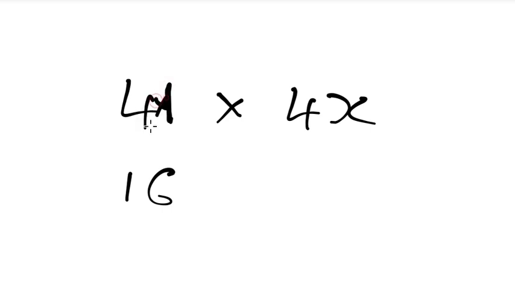But basically, multiply the numbers together for 16, the coefficients, and then multiply in any variables that you've got as well. If it was 4x, it'd be 16 times x squared. But there's only this x, so it's 16 times x, which is 16x.